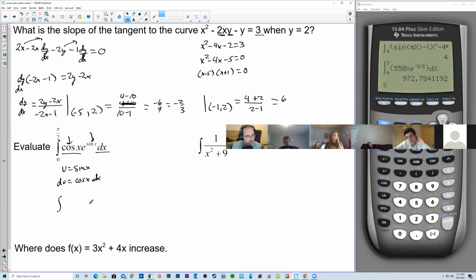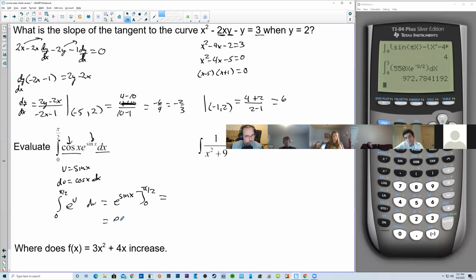So we have the integral, that becomes du, and then we have e to the u, because u is sine x. Well, the integral of e to the u is e to the u, and we can kind of say 0 to pi over 2, but not really, because those are x values. These are now u's, so you can write it if you want. So the integral of e to the u is e to the u, but u is sine of x, so sine of x. And now we definitely have 0 to pi over 2.